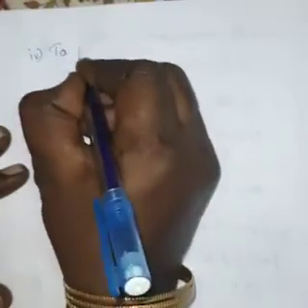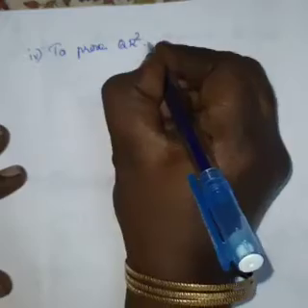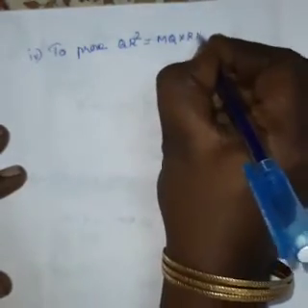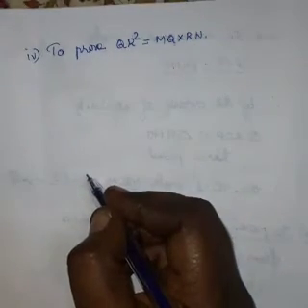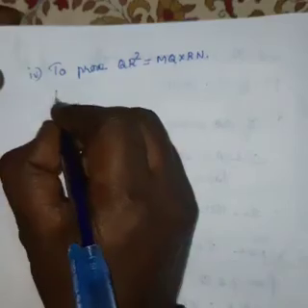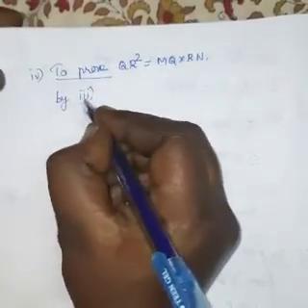Fourth result is to prove QR square equal to MQ into RN. That we need to prove in the fourth result. So, we can prove this by the third result. Write it by third result, third sum.